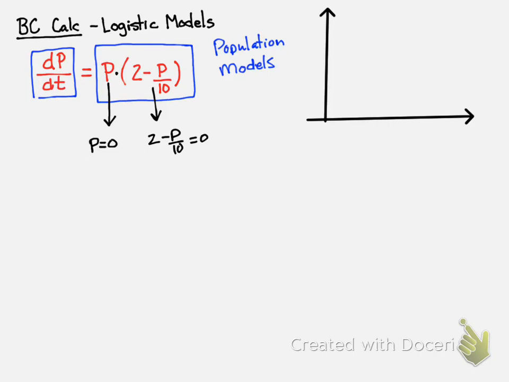And so that means that there's going to be 0 slope according to the slope field along the x-axis, because population will be the y-axis, and this of course will be time.